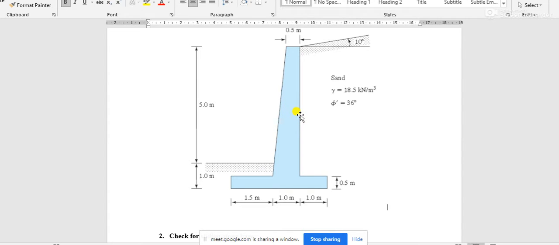That's why we can divide this trapezoidal section of the retaining wall into two parts. One is a triangle, one is a rectangle. This part is a rectangle, a very simple or basic shape.